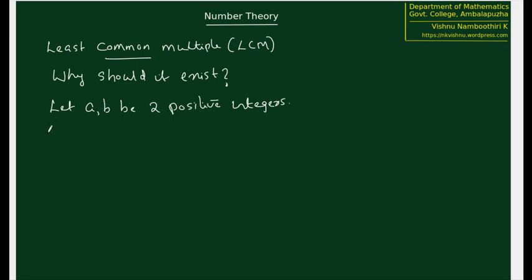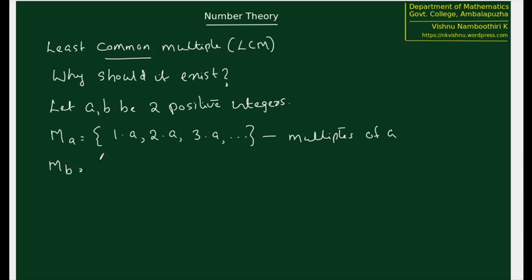Of course, in fact, positive multiples. Suppose the multiples of a we denote by the set MA, and that consists of 1a, 2a, 3a, etc. Similarly, multiples of b also we can list like this: 1b, 2b, 3b, etc.